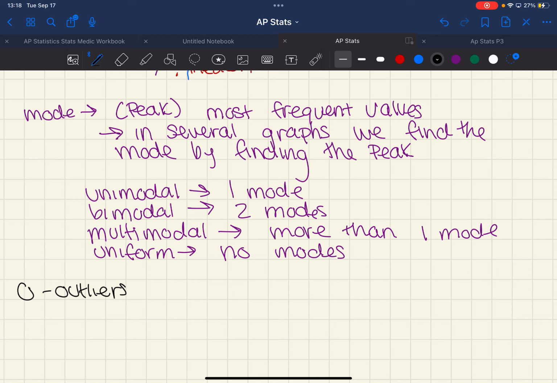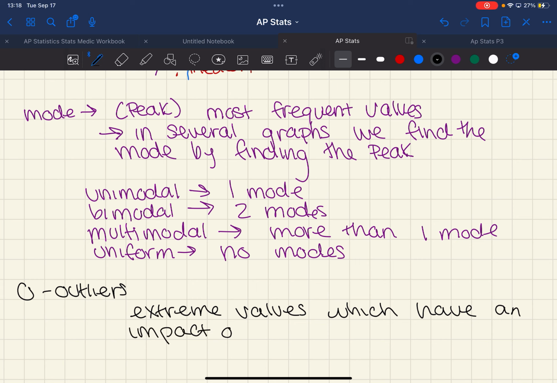Okay, so it is extreme values which have an impact on mean, median, and mode.